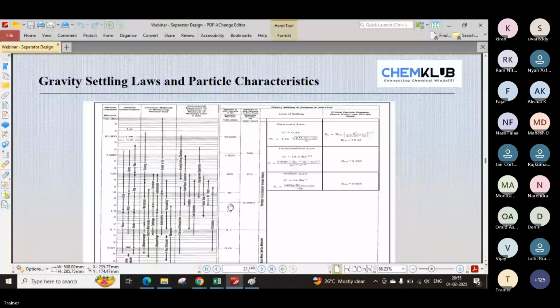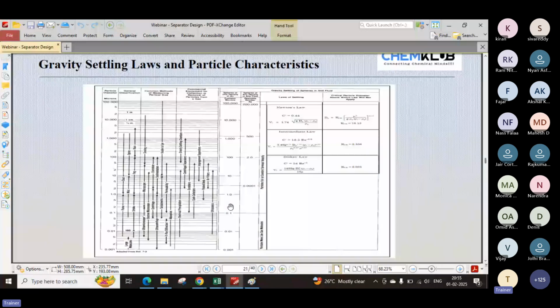This is a typical chart, again taken from the GPSA, where you have Newton's law, intermediate law, and Stokes law. Stokes law is generally used when you have a Reynolds number less than 2, and we follow this equation, whereas only the KCR value changes. That will give you the maximum diameter that can be separated by using this equation for the given properties of the fluid.